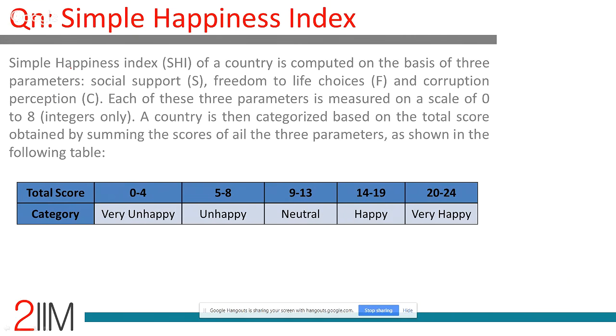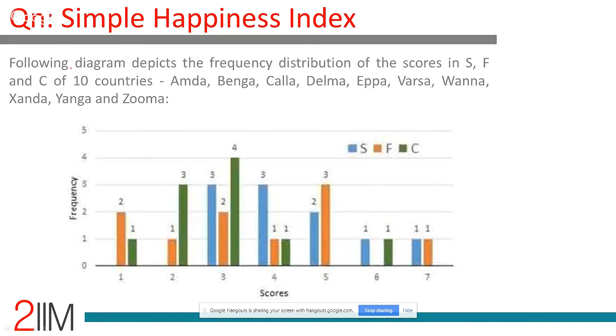Let's go to the next one. It's also a very interesting topic. I'm going to give you some time to read through the questions, and then we'll jump in and discuss that. So, simple happiness index. Go through this for about 3, 4, 5 minutes, and then we'll jump in and try to solve it. Once again, interesting data format.